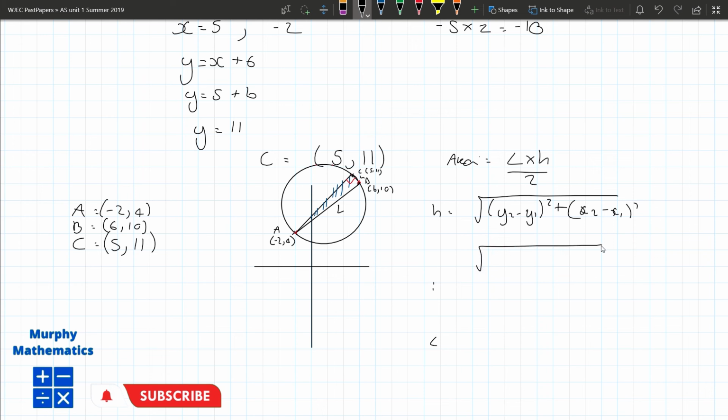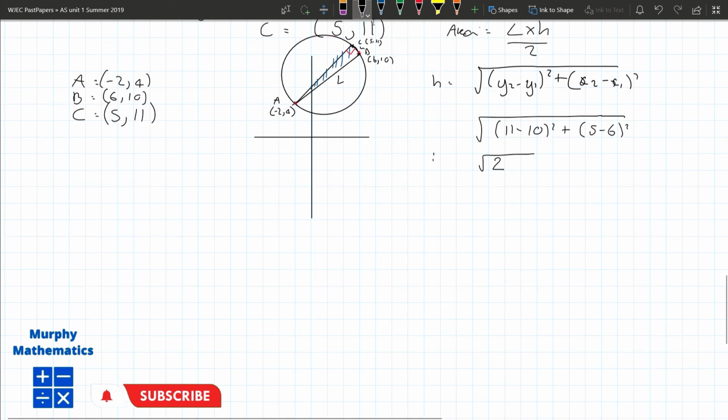And now just plug it in, so H is point CB. So I'm going to have 11 minus 10 squared plus 5 minus 6 squared. And that's just going to give me root 1 plus 1. So I'm just going to have root 2.